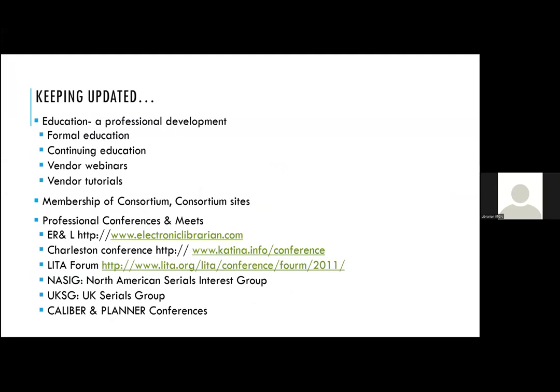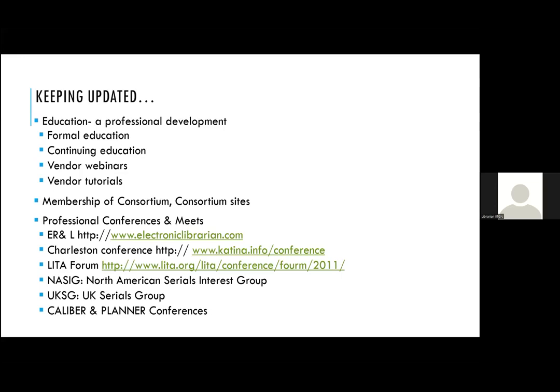So these are different resources. If our major responsibility is to manage the electronic resources, whether it is a one-person library or a team of library professionals, I think it's important for us to keep in touch with some of these resources. One is, anyway, we all do formal education and continuing education programs, the one that you are all attending. And membership of a consortium, and also professional bodies.